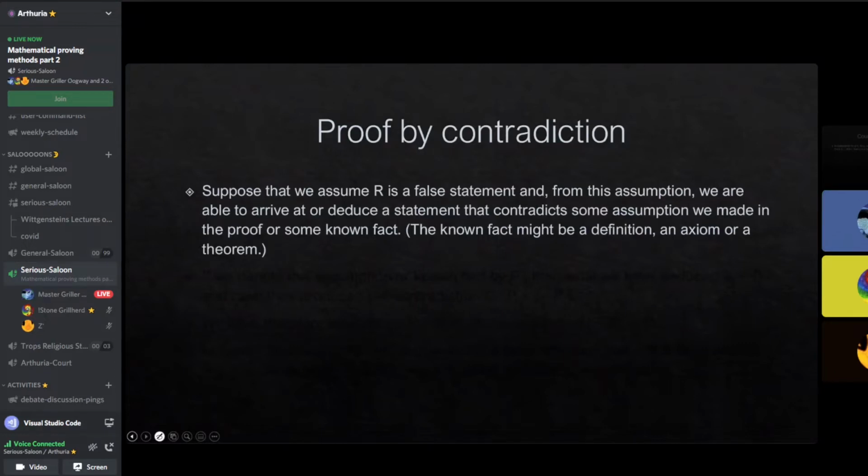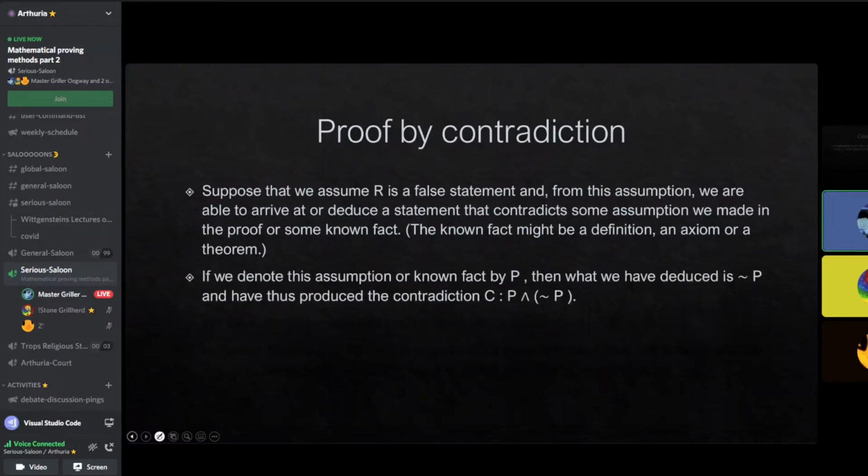So that derives us at the contradiction, right? If we denote the assumption of the known fact, which is already necessary for us to even examine this, as P, then we know that it must be true.